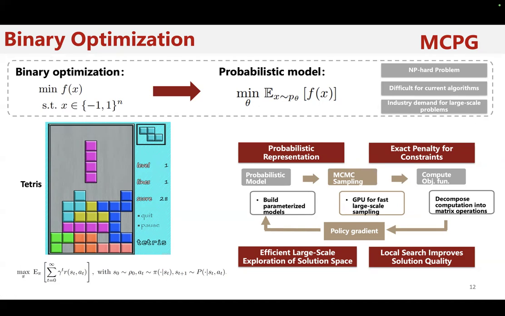A block is falling down, and there are three actions we can decide on: for example, turn left, turn right, or rotate the block. So this is an integer problem, and the decisions are made sequentially until the game is over. You have to make a decision at every step.